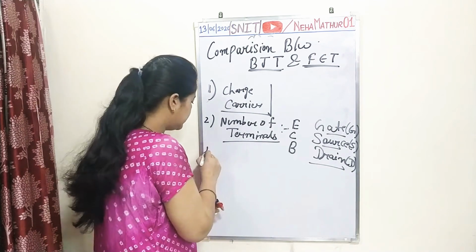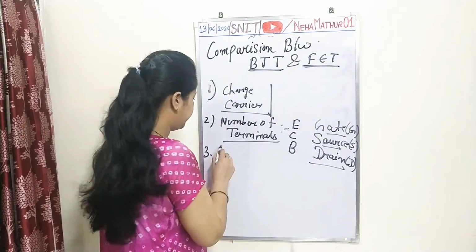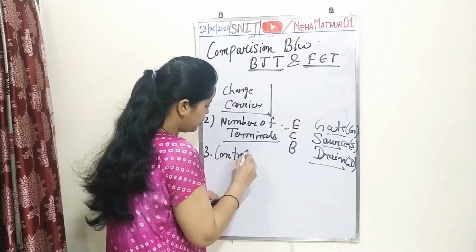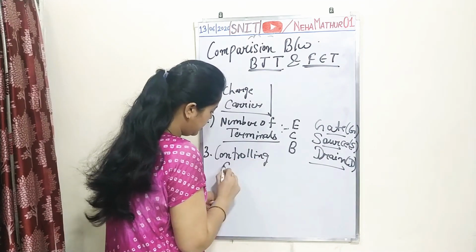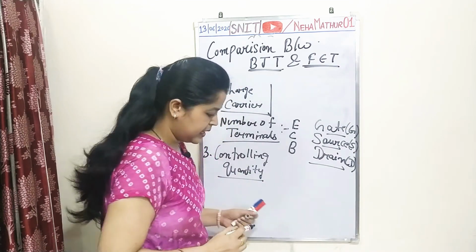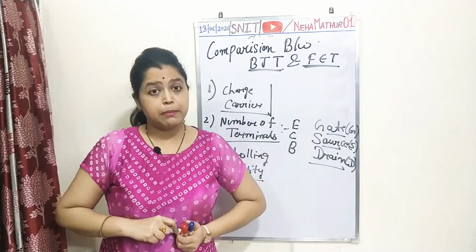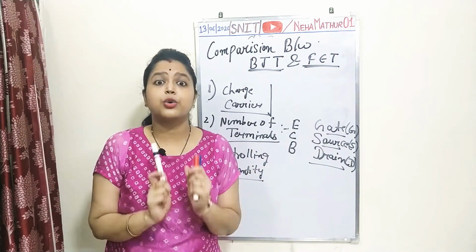Now come to the third parameter, which is controlling quantity. See, in BJT, if you remember, BJT is a current control device.